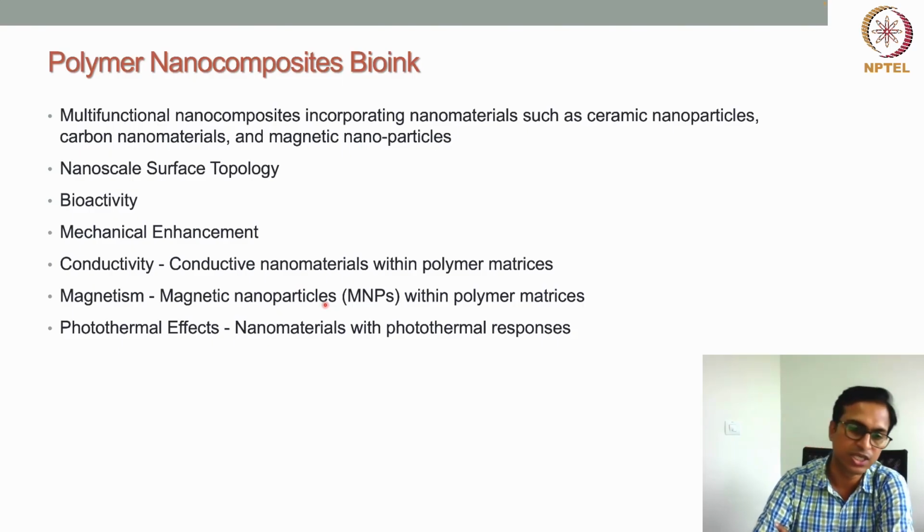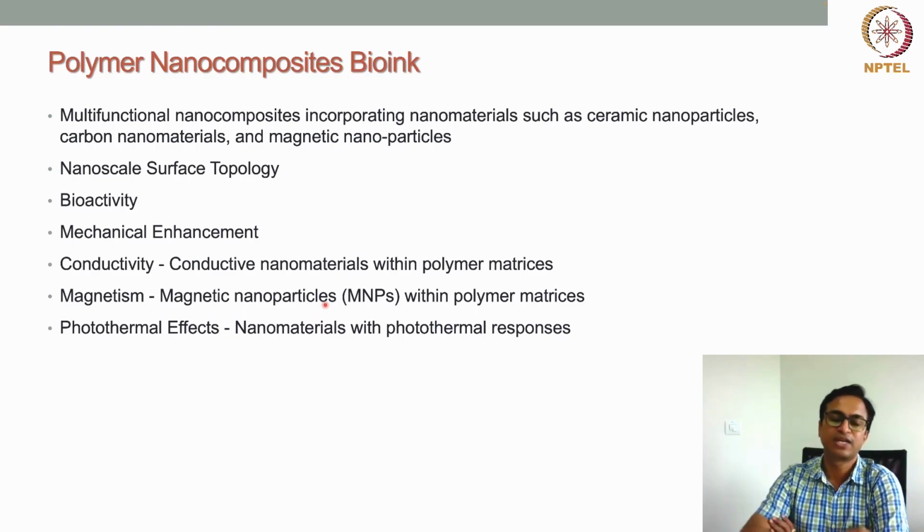When you place a magnet close by, the magnetic nanoparticles can be arranged in a certain way, and by doing that we can produce different gradients within the structure, which helps in better tissue regeneration.